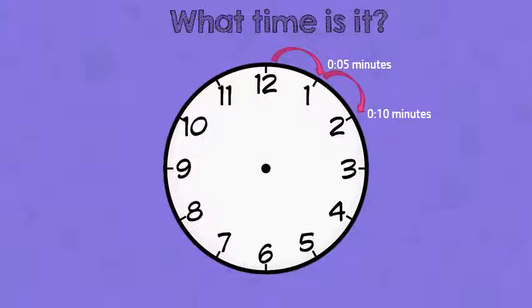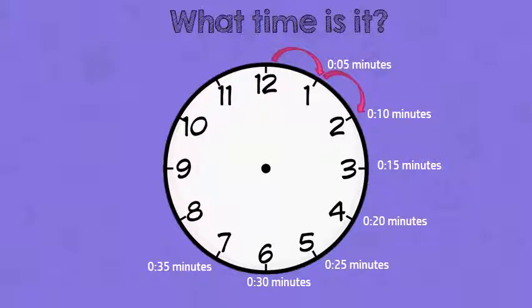So for example, we have 5, 10, 15, 20, 25, 30, 35, 40, 45, 50, 55, and then we go back to 12, which is the 1 hour. Okay, we complete the 1 hour when we get to the 12, okay?